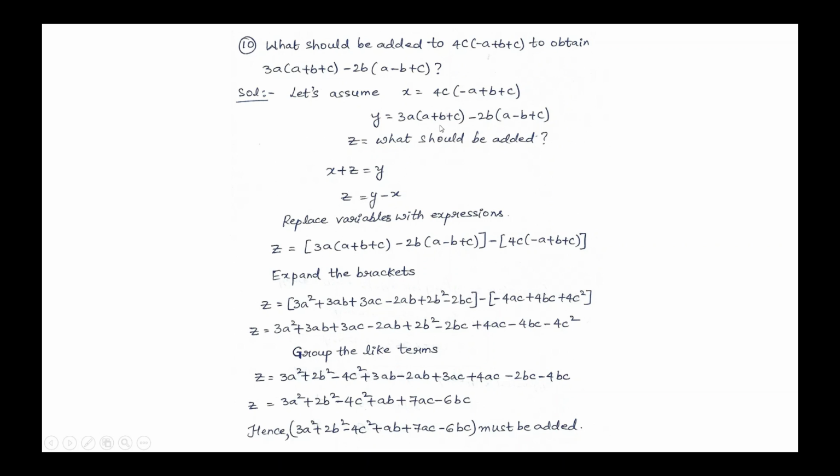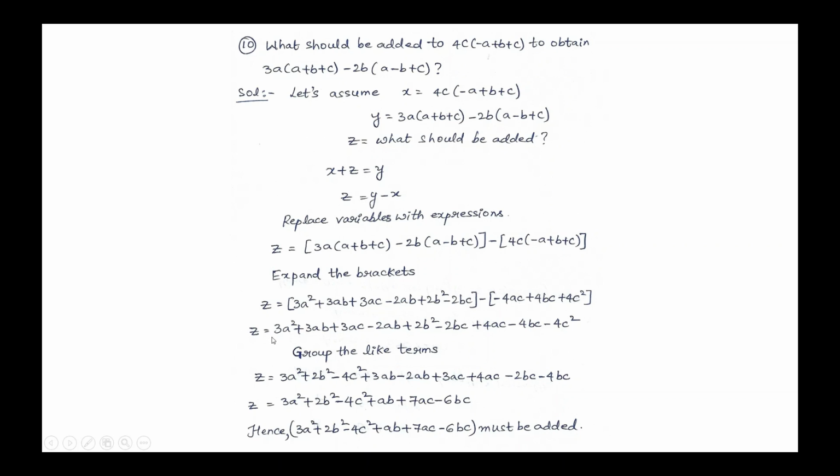So z is equal to 3a into (a plus b plus c) minus 2b into (a minus b plus c) minus 4c into (minus a plus b plus c). Now let's expand the brackets and write z is equal to 3a square plus 3ab plus 3ac minus 2ab plus 2b square minus 2bc minus (minus 4ac plus 4bc plus 4c square).